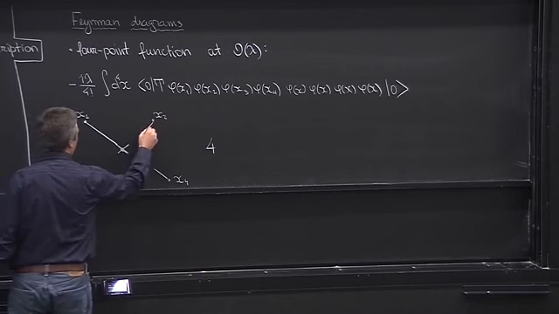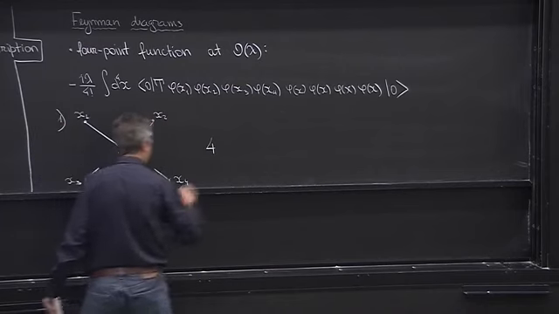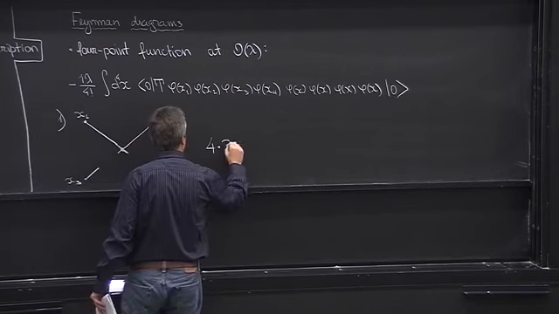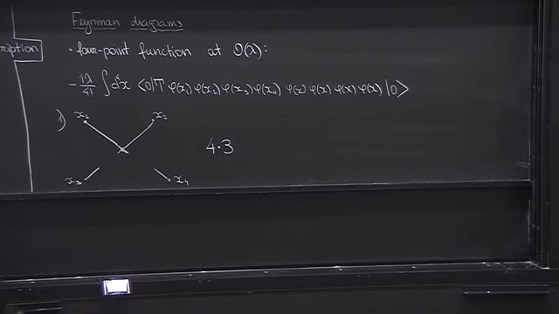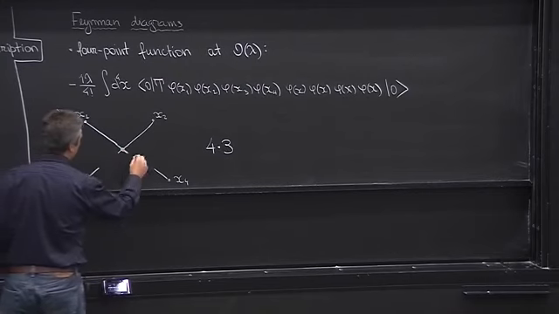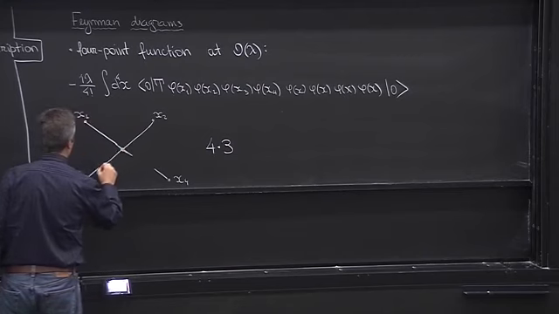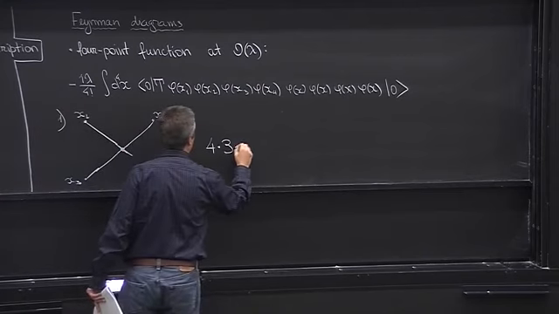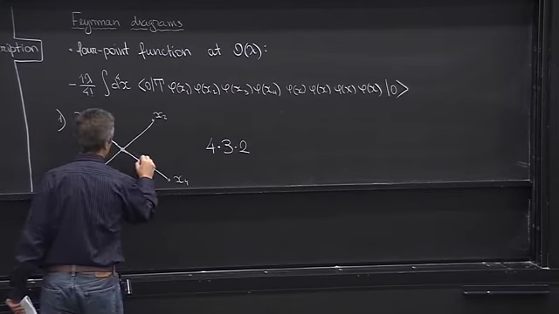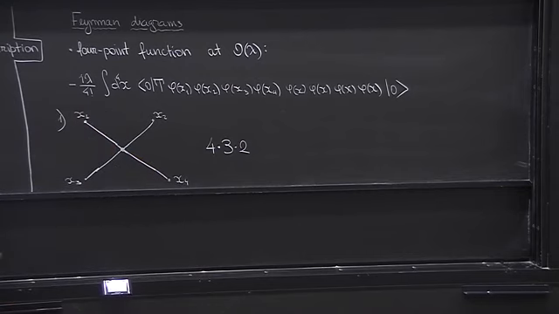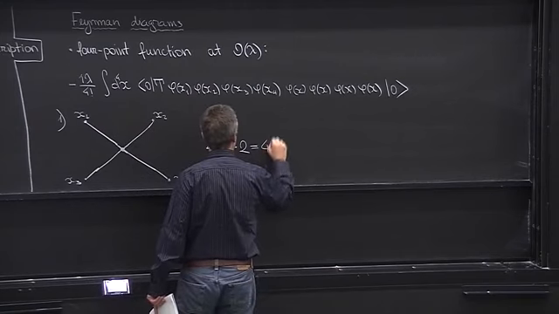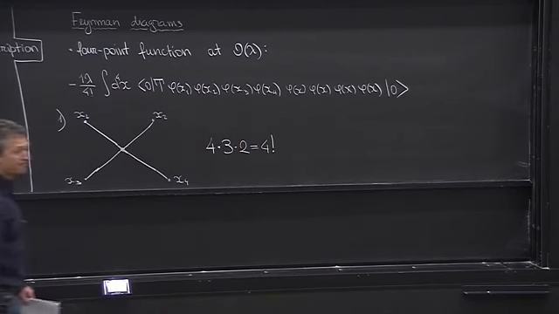Then x2 can connect with the internal vertex in three ways. Then x3 has two possibilities, and finally there is no freedom for x4. So what we get is 4 factorial terms, but they give one and the same expression.